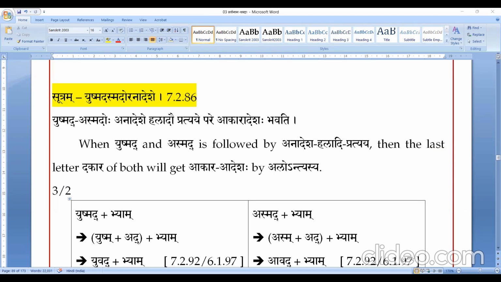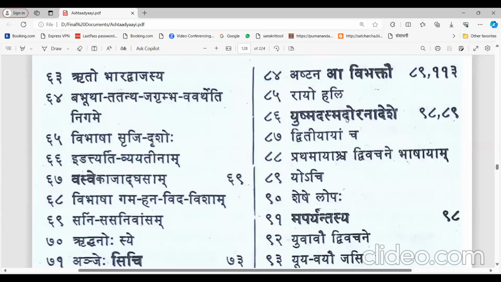If you see the sutra pata, Rayo hali, hali can be brought in as anuvritti from Rayo hali. That is what the Kashikakara says. By bringing the anuvritti of hali, he says that Yushmad and Asmad get akara adesha when a haladi vibhakti pratyaya follows. But that is not given explicitly in the sutra, so how can we take this? That's okay.